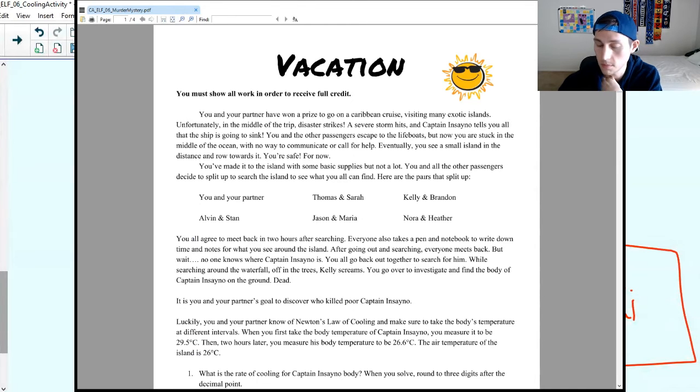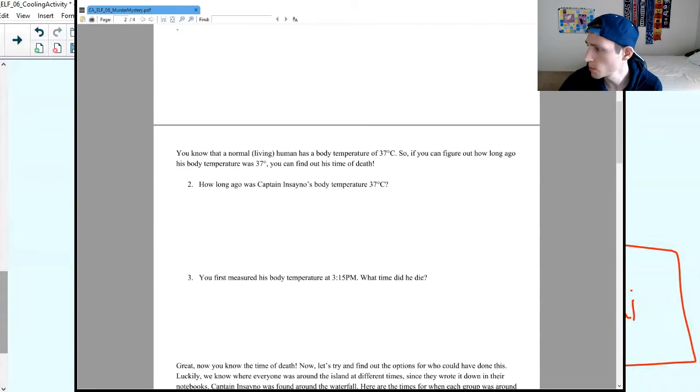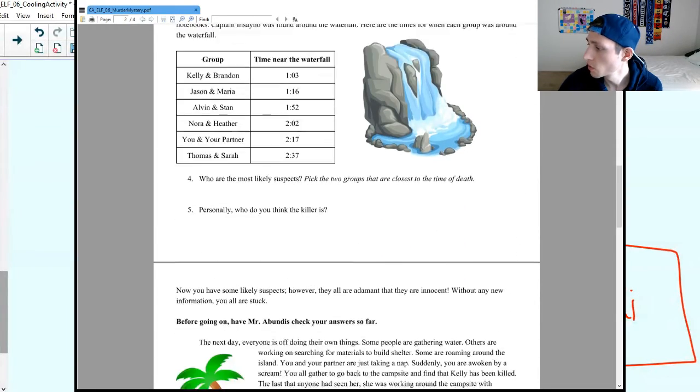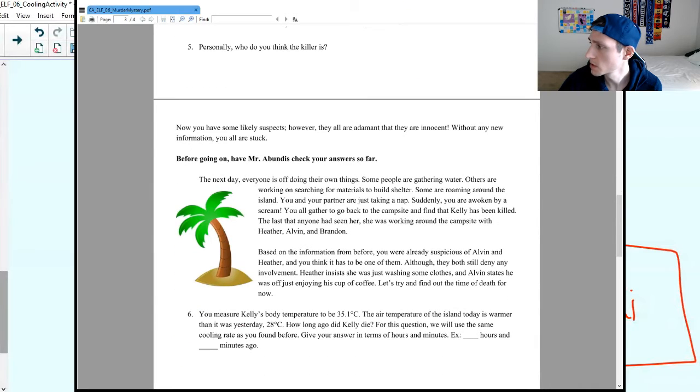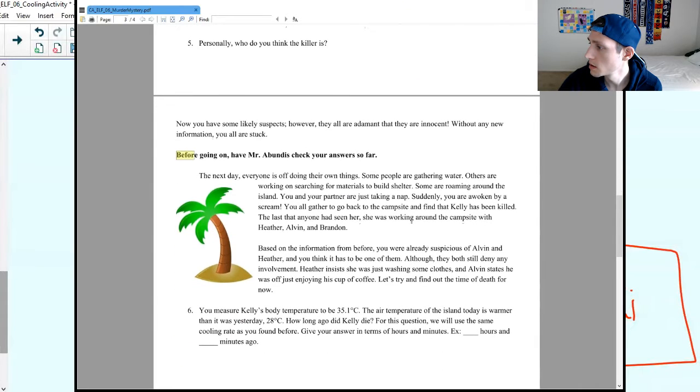Okay. So for this first day, these first 2 pages have 1, 2, 3, 4, 5 questions. Okay, and then after the 5th question, there's this part that says, before going on, have Mr. Abundis check your answers so far. Okay, now it's a bit hard to do.